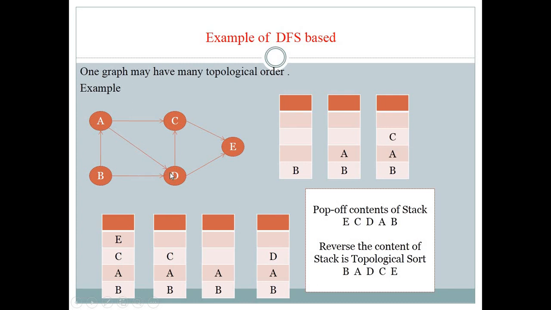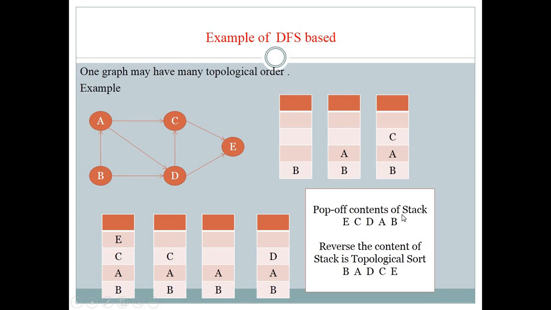Now we go to D. From D we can go to C and E, but C and E are both visited, so no unvisited node is available from D. We will delete D and put it here. After D, we go back to A. C and D are all visited nodes, so we will delete A and put it here, and go back to B. In the last step we will delete B. So B will be our last value.